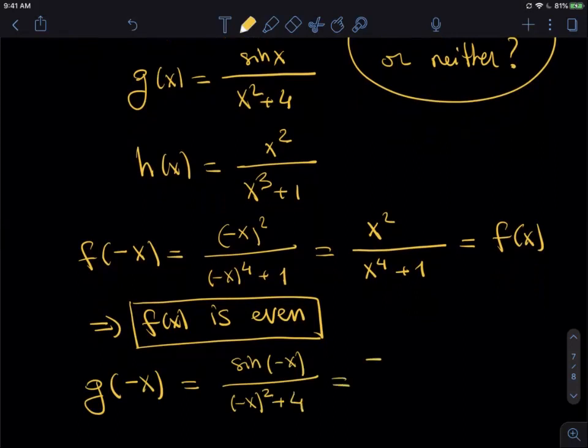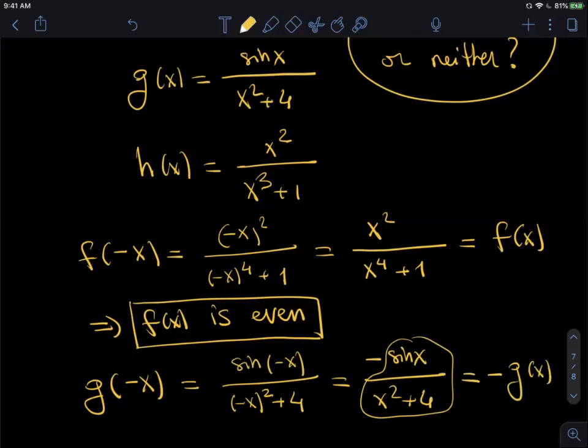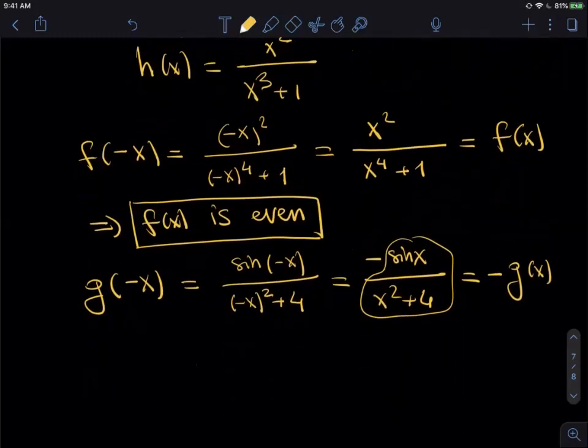So this is minus the sine of x divided by x squared plus 4. You see, and the minus, the negative sign is multiplying everything else. So I get minus g of x. So then g of x is odd.